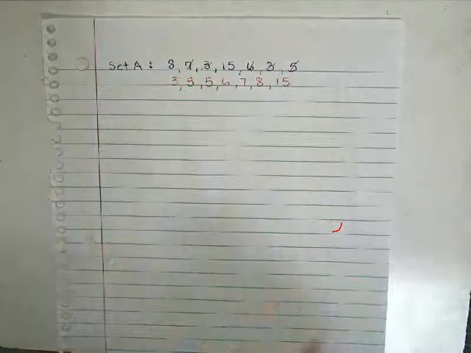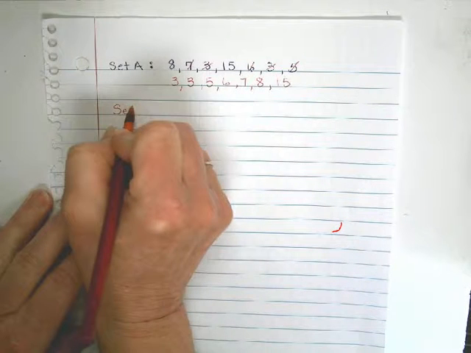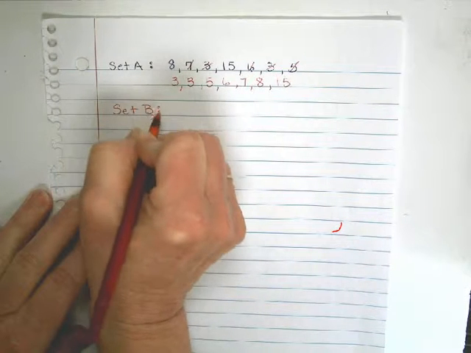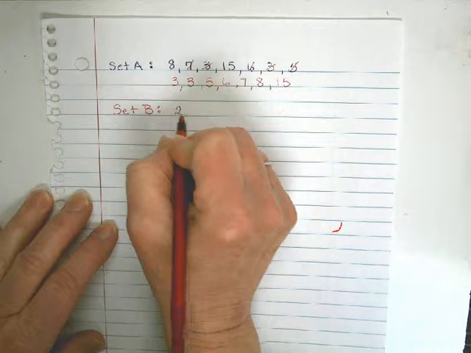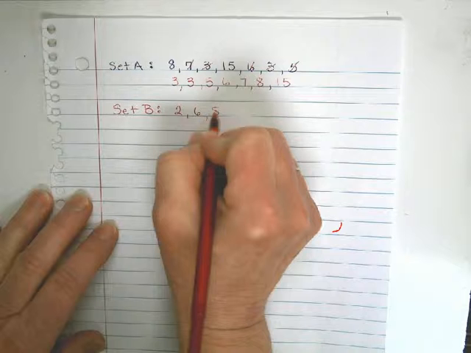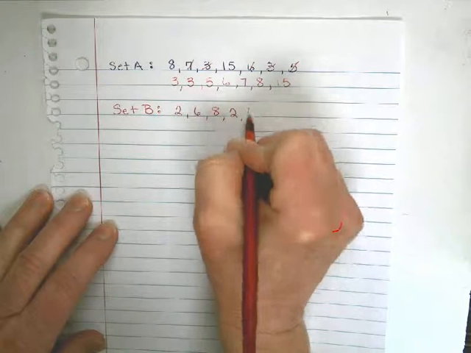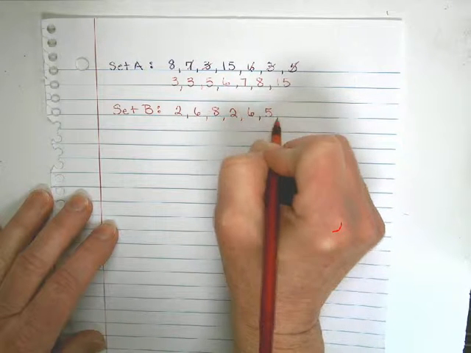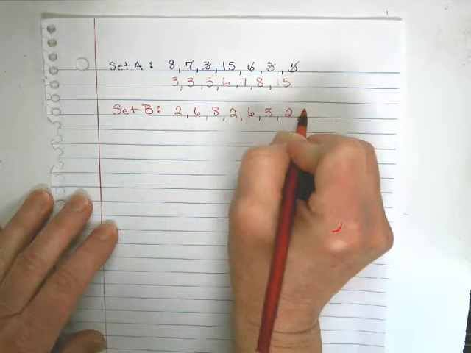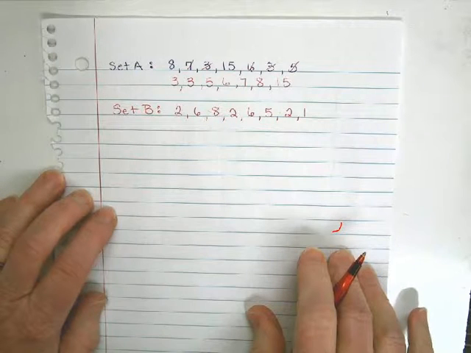Set A. Let's do set B. We'll work with some smaller numbers. That shouldn't be any different if the numbers are bigger. So again, let's put these in order now.